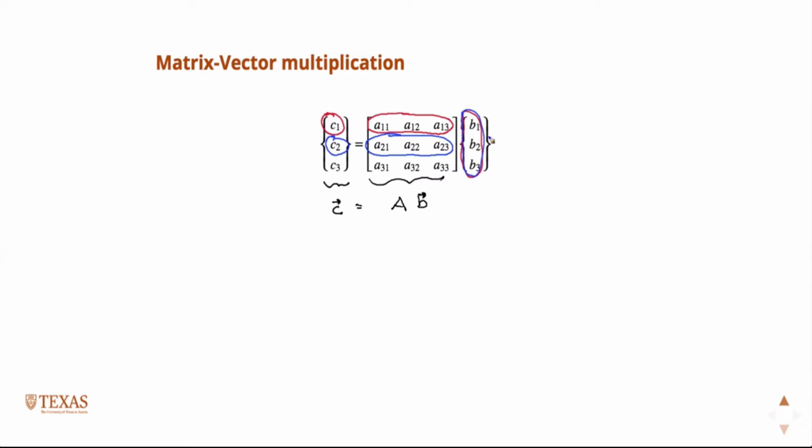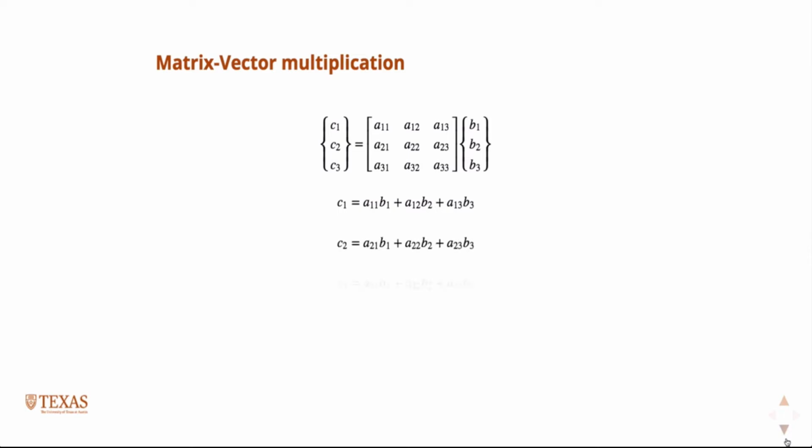You all know what a dot product is. And finally, the third component of C is the third row of A dot product B. So there it is written out for each component.